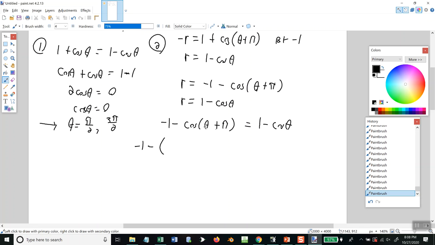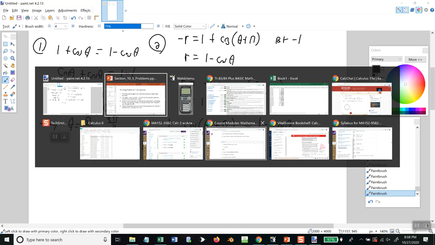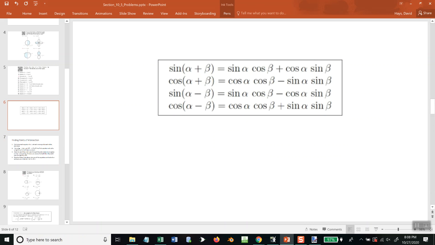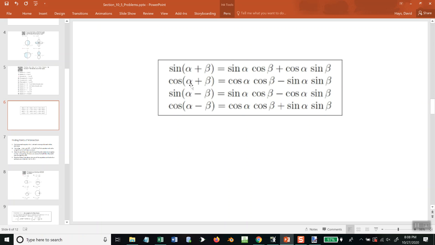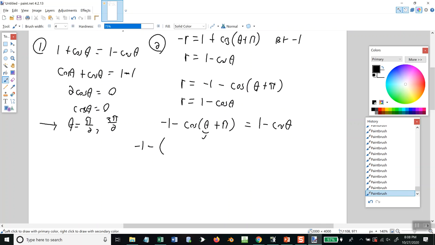Now, cosine of theta plus pi, that's where I'd use this formula here, where I got 2 added together. So based upon this formula, the first one's alpha, the second one's beta. So this is alpha, and this is beta.